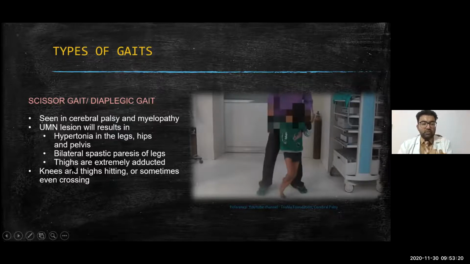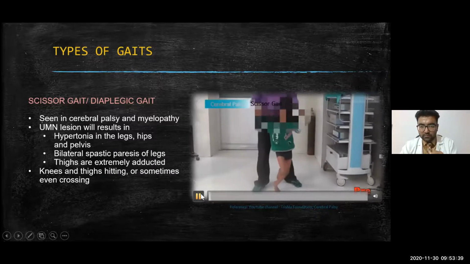That gives rise to thighs that are extremely abducted. Sometimes the knees and thighs, while walking, are so close that they hit each other and sometimes even cross each other. That's why it is given the name of scissor gait. Here is the video.